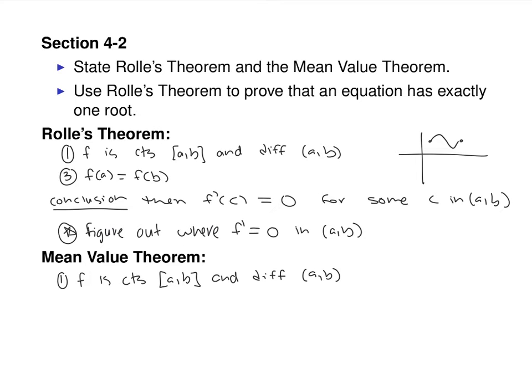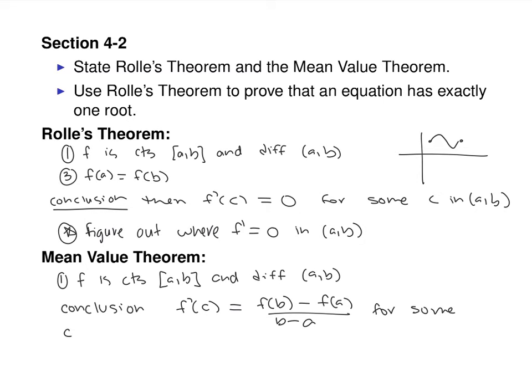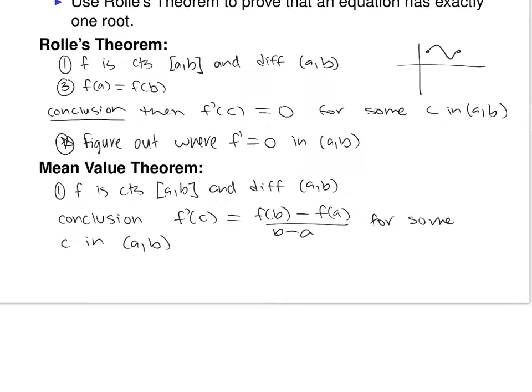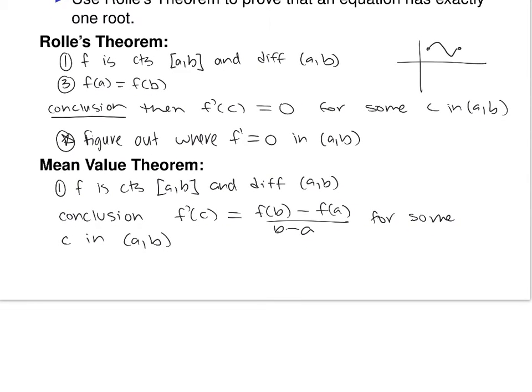The mean value theorem didn't have that last assumption. So here what the conclusion said, f prime of c equals f of b minus f of a over b minus a for some c in the interval a, b. And so here what you're going to do is you're going to find f of b minus f of a over b minus a.